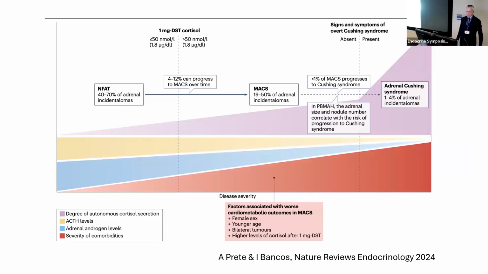So I like this new concept, and this fits with the title, the new approach to mild autonomous cortisol secretion, that actually we should consider this as a continuum rather than a strict cutoff of 50 nanomoles per liter. And what you can see here is that with increasing cortisol levels in pink, the cardiovascular risk increases, while ACTH levels and DHEAS levels do decrease. What it also shows is that the transition to Cushing's syndrome is exceedingly rare.